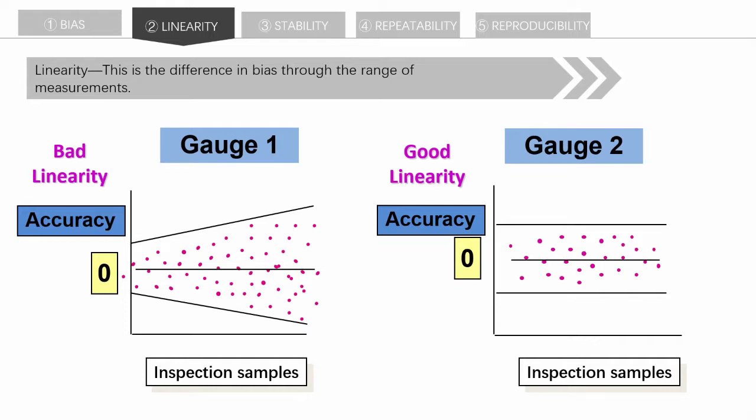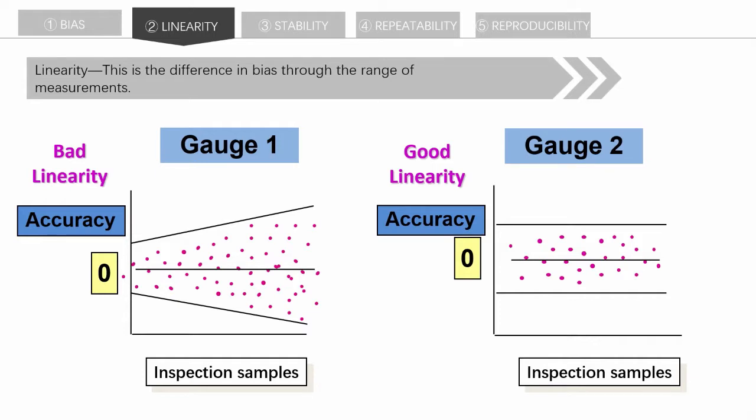By this time, maybe the same question arises in your mind. What's the practical purpose of linearity in your daily use? Let me give you an example. Imagine that you use a balance or scales to weigh parts, and you did the MSA for the balance in the range of 10 gram to 100 gram.